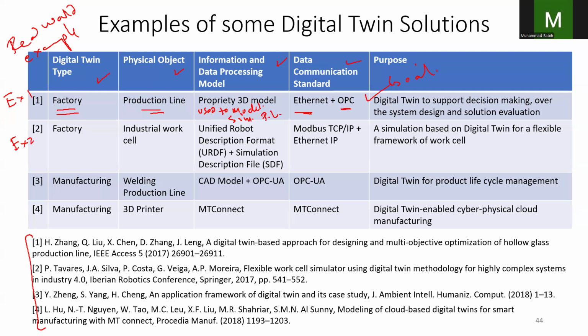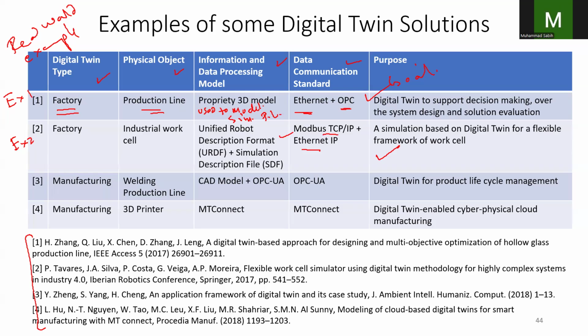The second row is the industrial work cell, and it uses a robot, URDF and SDF. These are common in robotics terminology. The data flows through TCP/IP, Modbus, and Ethernet IP. It gives us a flexible simulation framework, and this is especially useful in modular or reconfigurable work cells.